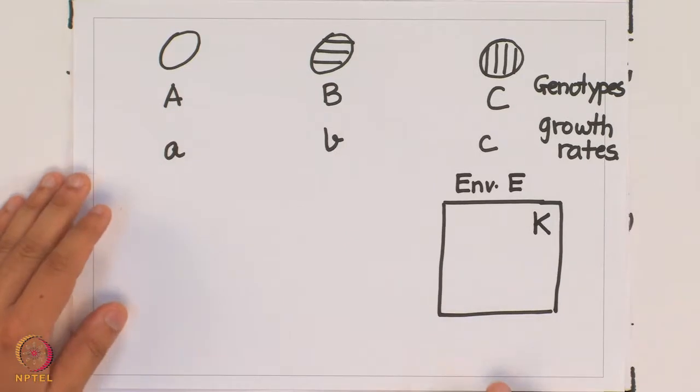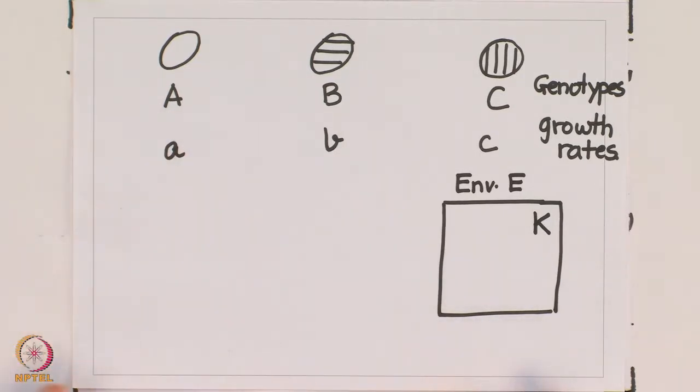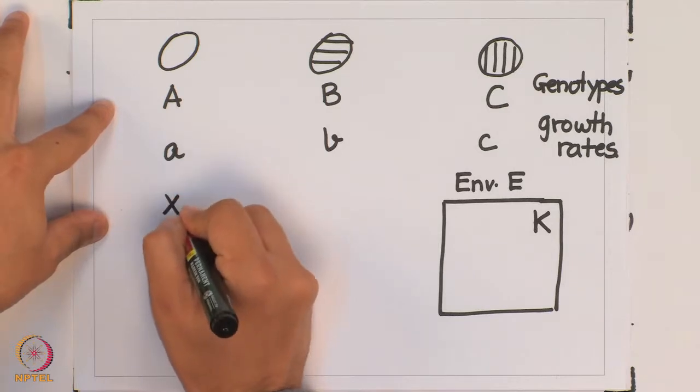So the individuals belonging to each of these three genotypes, when added up, give me a value equal to K. And again, just as we had done last time, we are not going to be dealing with distinct numbers, but we will be dealing with the fraction of the population that belongs to genotype A, and we will call that quantity XA.